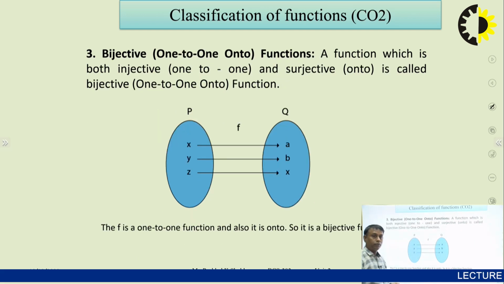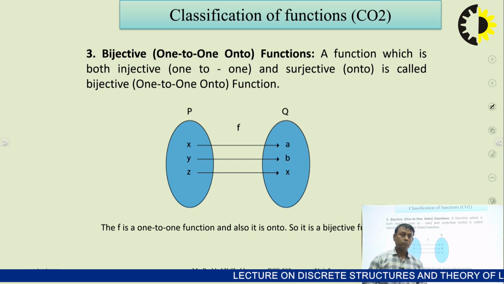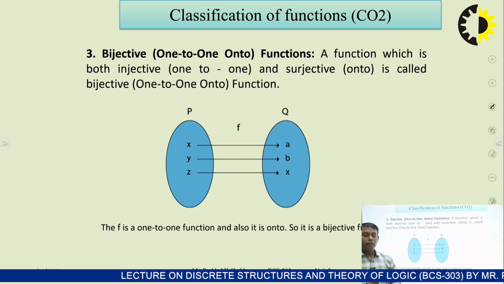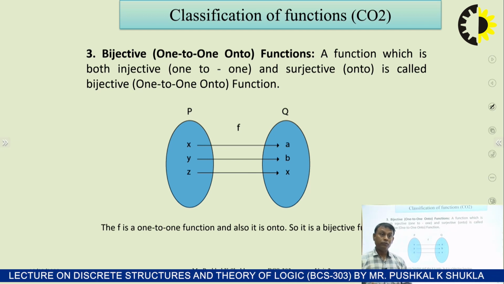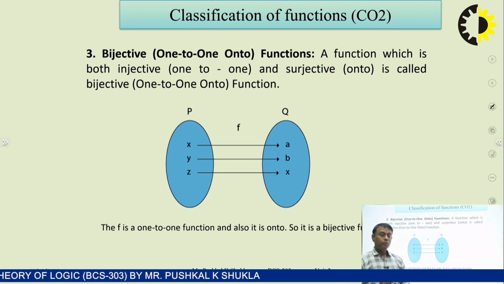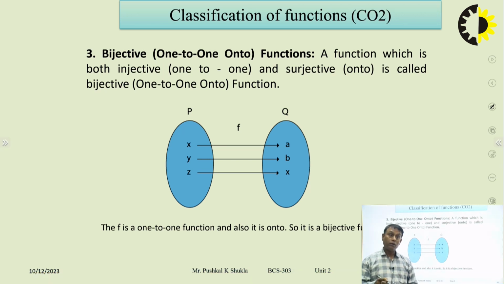Now bijective. What is bijective? This is also known as one-one onto. A function is said to be bijective if it is one-one and onto. One-one means injective and onto means surjective. It means both should be there, one-one and onto.